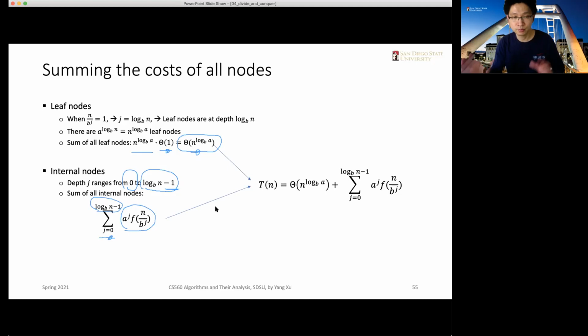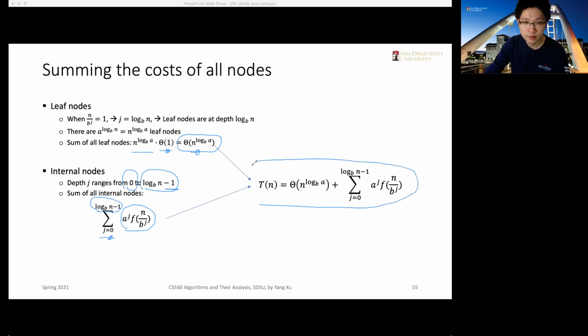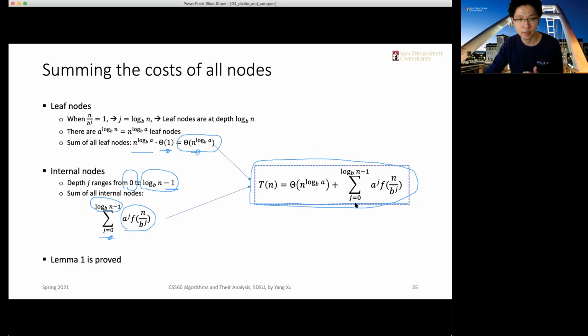All right. Putting these two parts together, we can immediately get the form for the solution. That's what we want to obtain from Lemma 1, and Lemma 1 is proved at this step. We're pretty happy about that, because it's not an easy problem.